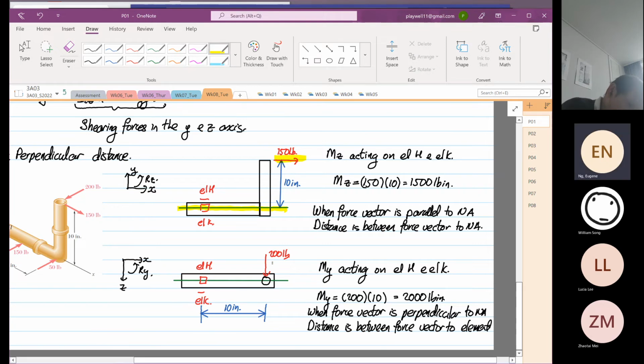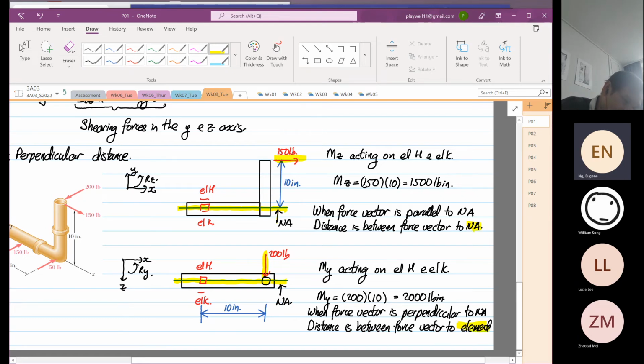So for this case, the applied force is perpendicular to the neutral axis. So I'll put down here neutral axis. Then the distance is between the force to the element. So this is the difference.